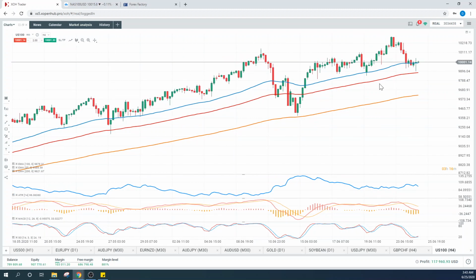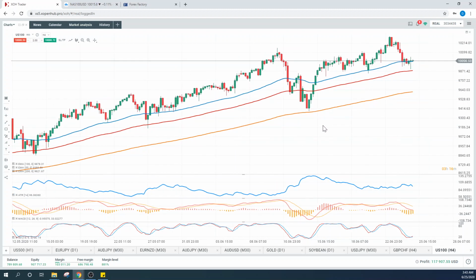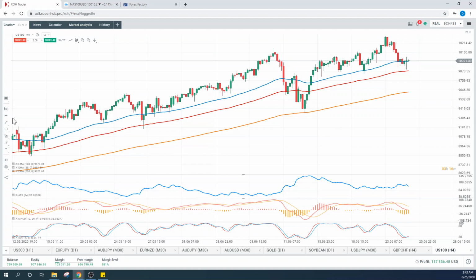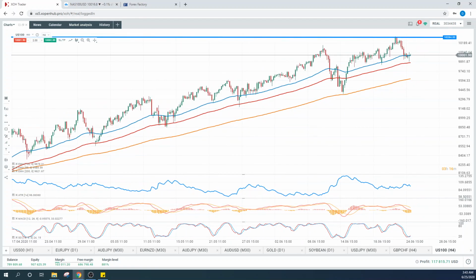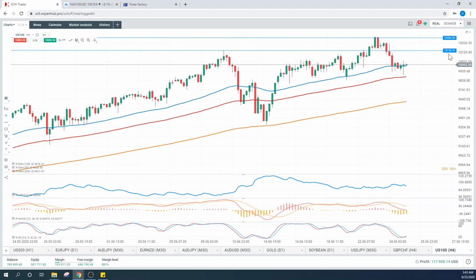So, the technical point: what can we see happening here? Interestingly, we tested the price which was approximately 10,284, and since that time we have been dropping. In the nearest period we have just two strong resistance levels for me, 10,152 and 10,284.